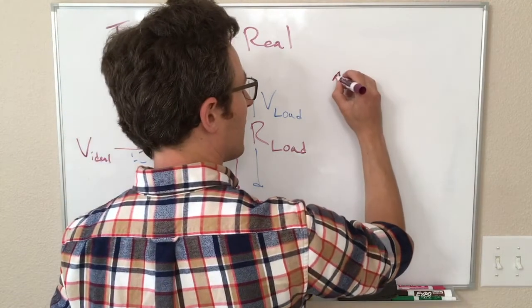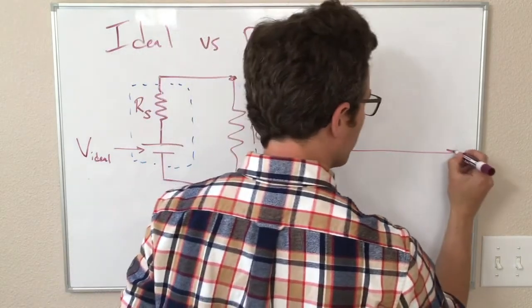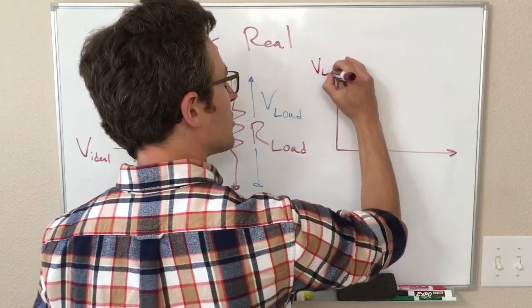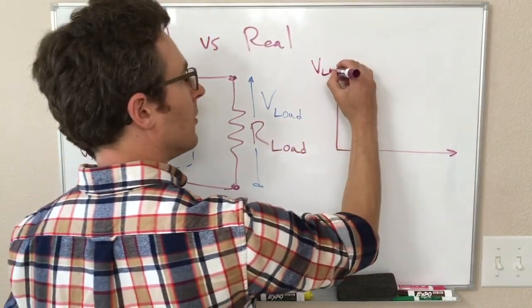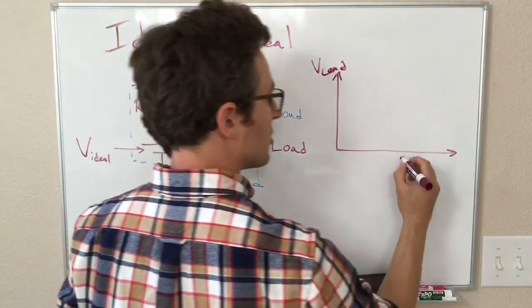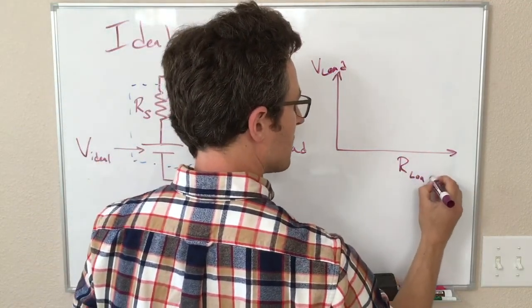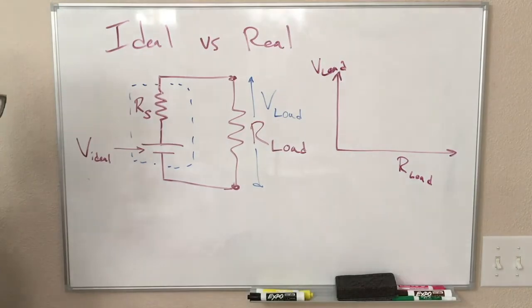Okay, so if we wanted to make a graph of the voltage that we get across the load as a function of this load resistance, it changes, right?